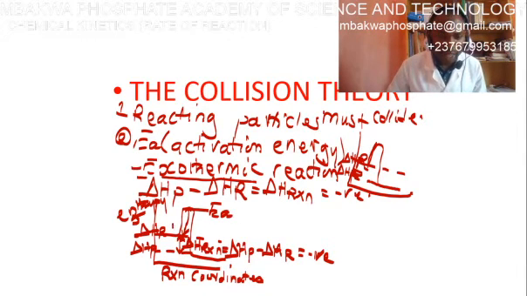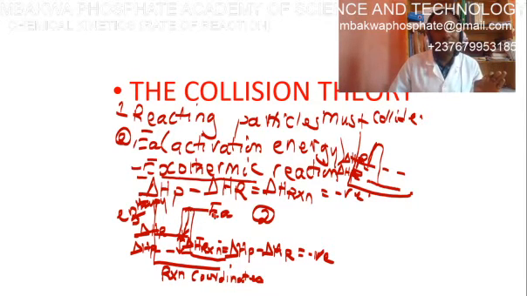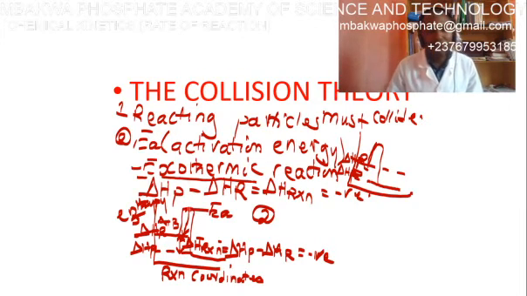For a reaction to take place, point number 2, the reacting particles must collide with an energy which is equal to or more than the activation energy, which we call EA. So if reactants, say A and B particles, collide and don't have sufficient energy equal to or more than the activation energy, the reaction will not take place.